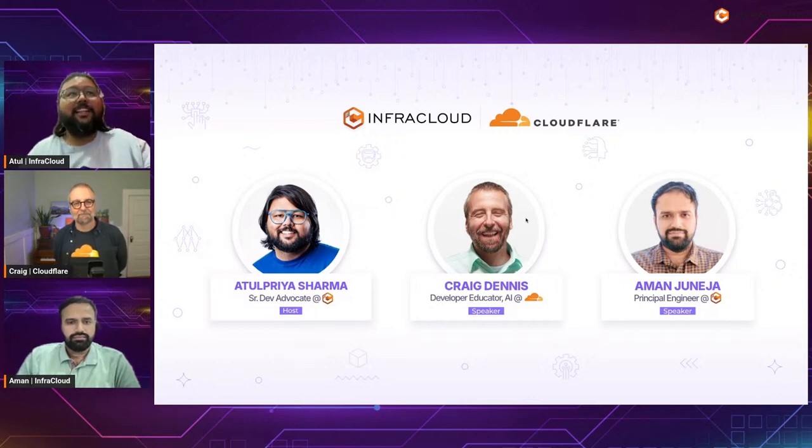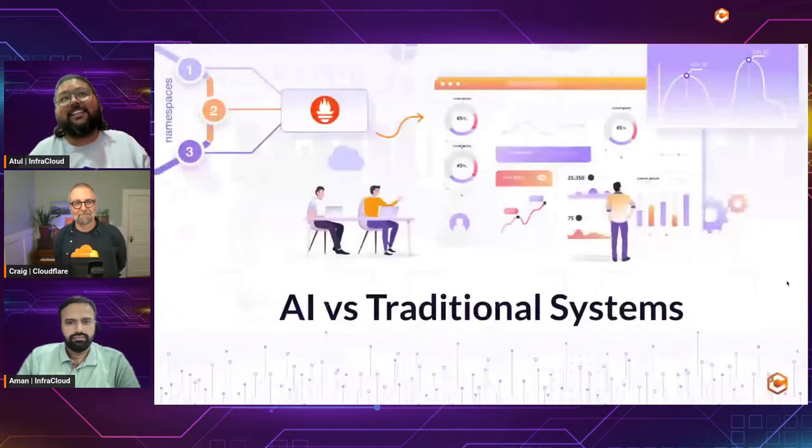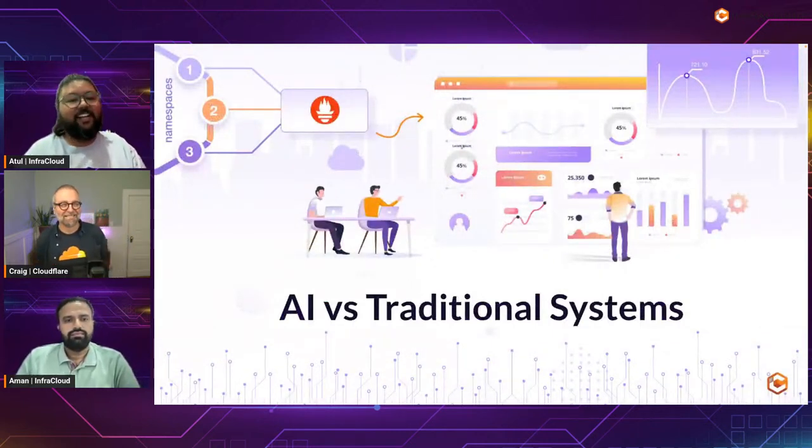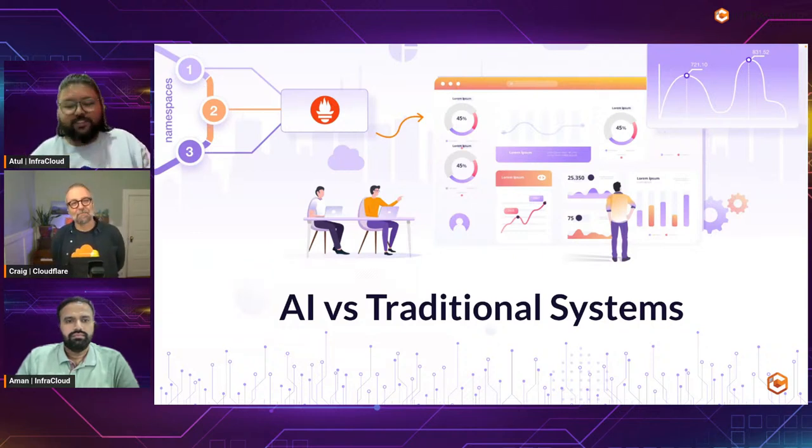Now, with that out of the way, I think it's high time we get started with the meat of today's discussion, and that's comparing AI versus traditional systems. All of us have been working in the software industry for quite a while now, and we have seen the entire landscape change quite vividly and quite quickly.